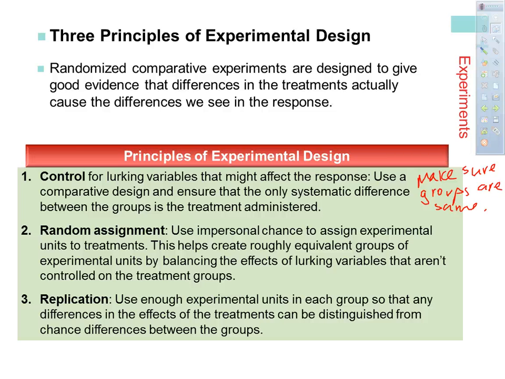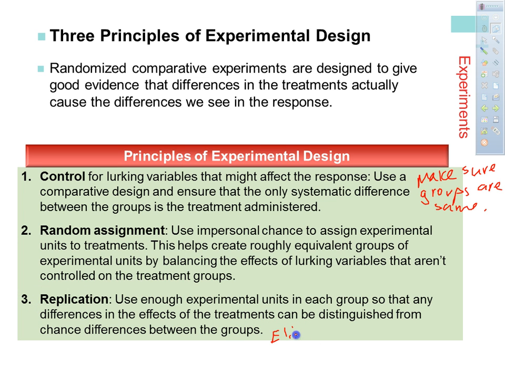So what replication talks about is that we use enough experimental units that when we randomly assign, the likelihood of that happening is not very good, right? So we want to use so many that we eliminate any differences in our groups that might happen even by random chance. So I'll write that in here.